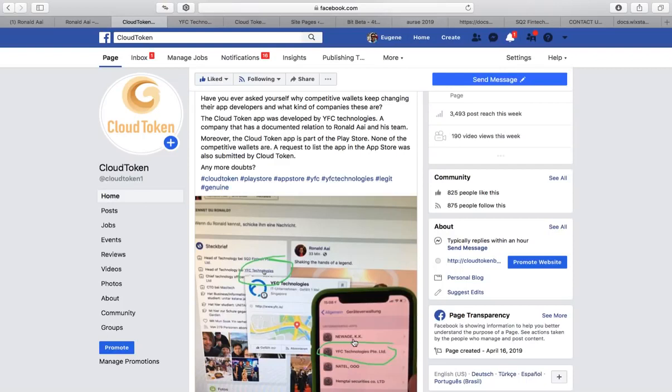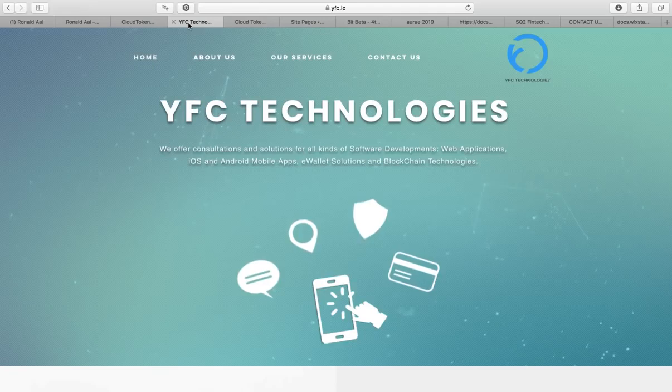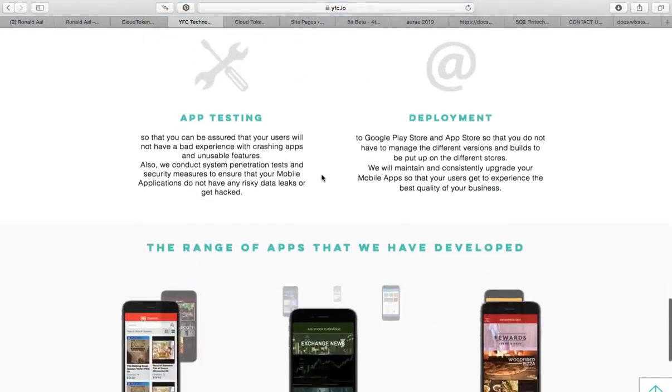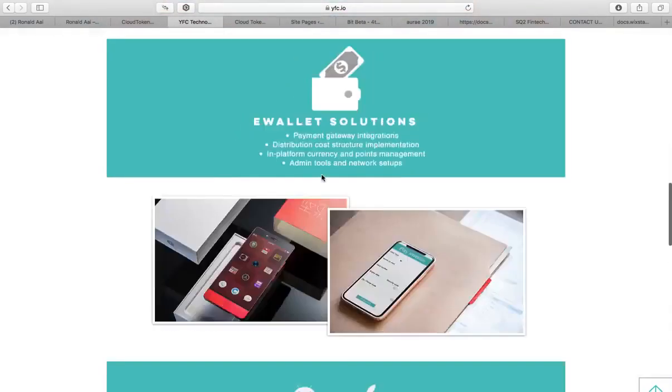So you can try to find information on this company online, and you might even find that company, but it will not be related to any kind of developing services. They will not be a developing company, right? But YFC clearly is a software development company that focuses on web applications, iOS and Android mobile apps, and hence has expertise to build an app like Cloud Token, right?